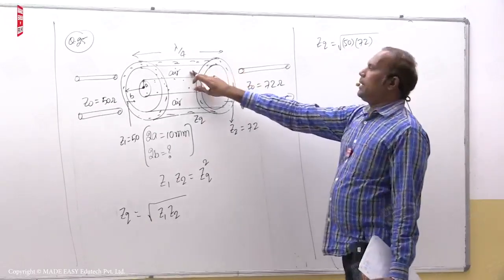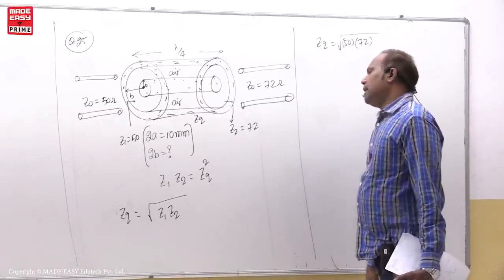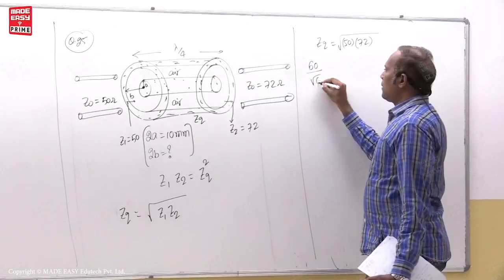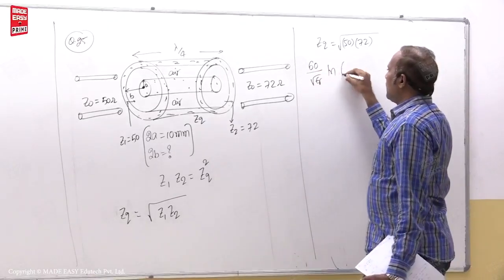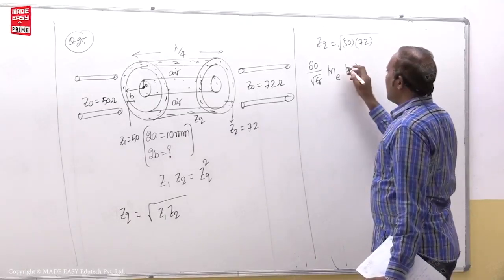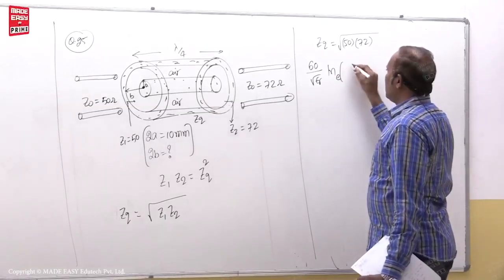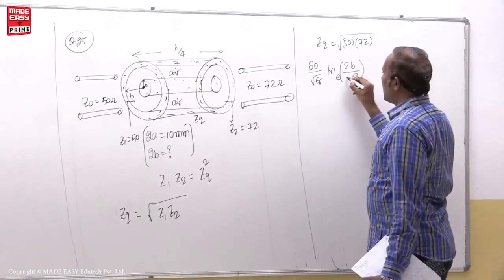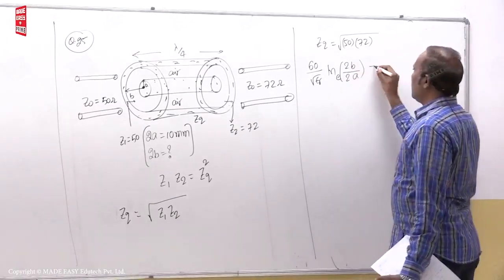Now you know what is the characteristic impedance of the lossless coaxial cable? 60 divided by root epsilon r ln B by A base e. So here B by A is there, and numerator also you can multiply with 2, denominator also you can multiply with 2, no issue.